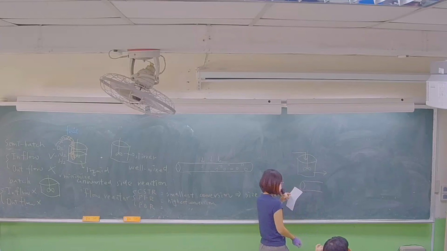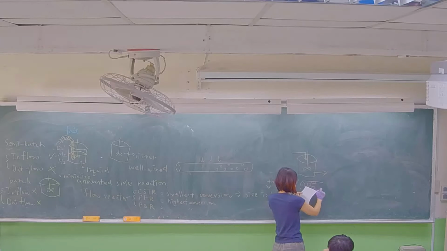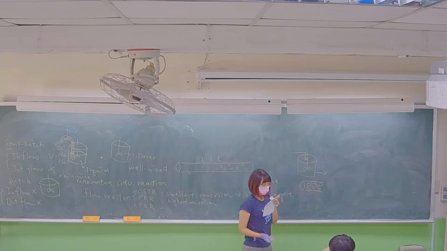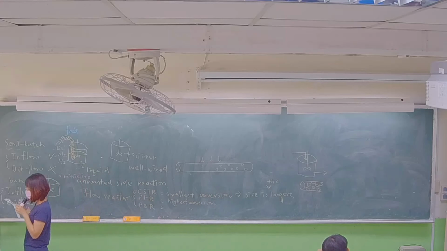PBR and PFR are tubes, but for PFR there is no solid catalyst. For PBR, there are several solid catalysts. So you can use this table to review chapter 1.